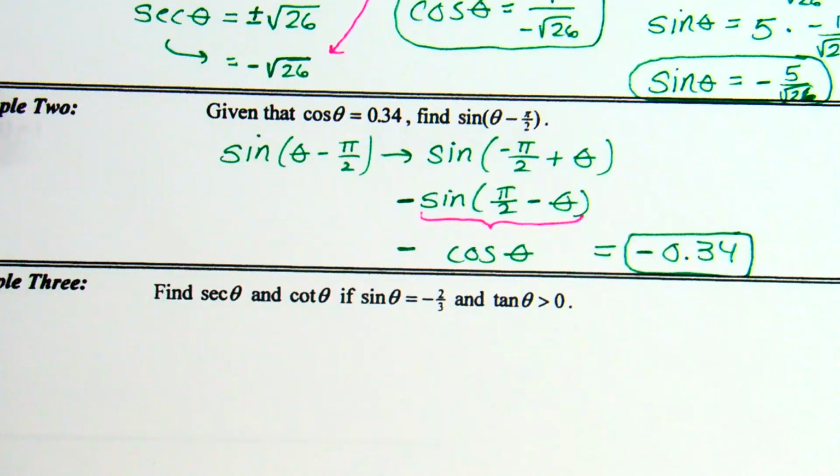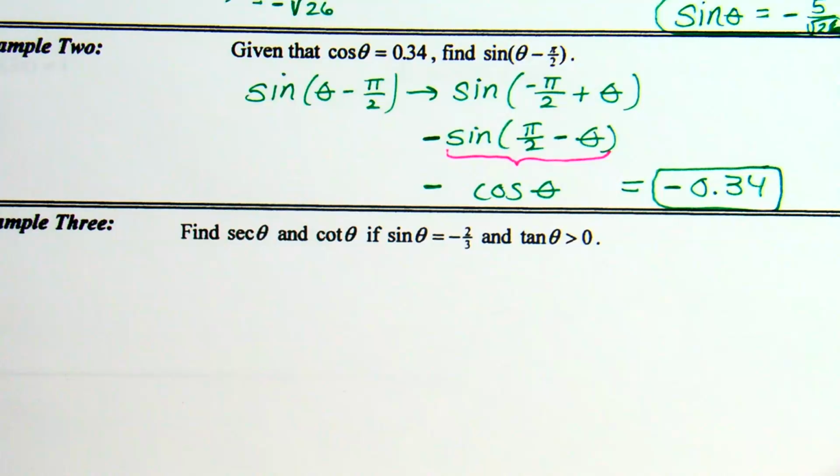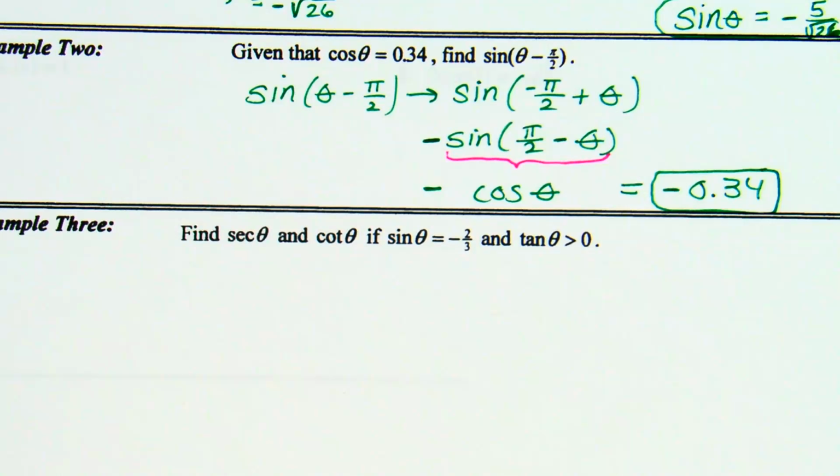So there's a good example of when you would use cofunction identities. We talked a little bit about even and odd in there, and we'll use more even and odd on the back here a little bit later on. But you guys ready to try example 3?